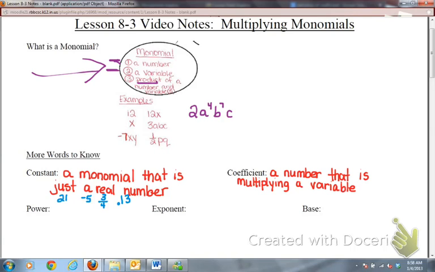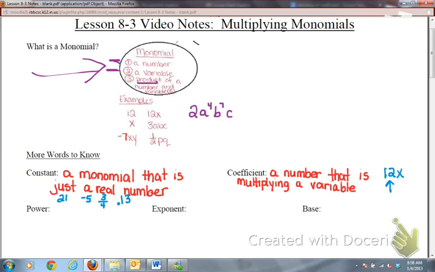A coefficient is also a number, but it's a number that is part of a monomial because a coefficient is a number that is multiplying a variable. So up at the top in those examples, when I have 12x, the 12 is a coefficient because it is multiplying the variable x.